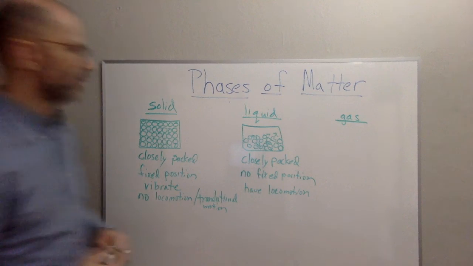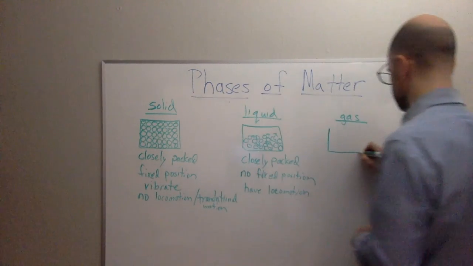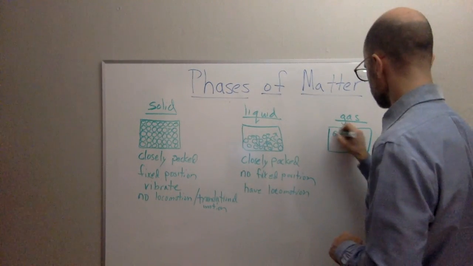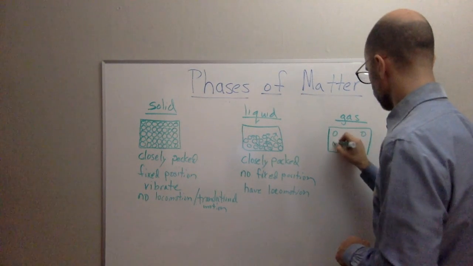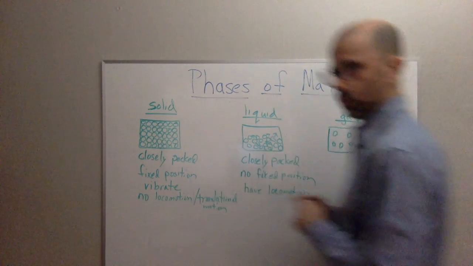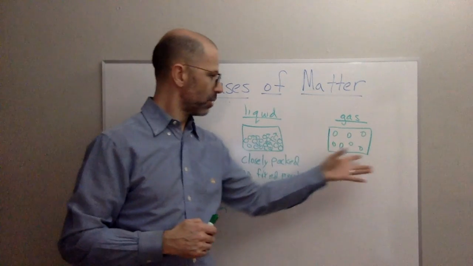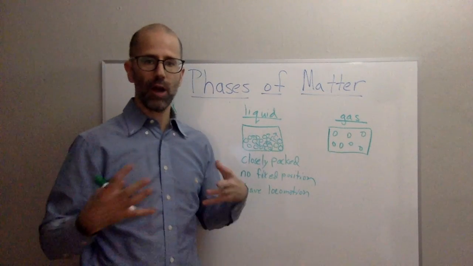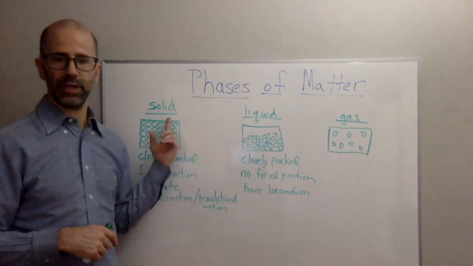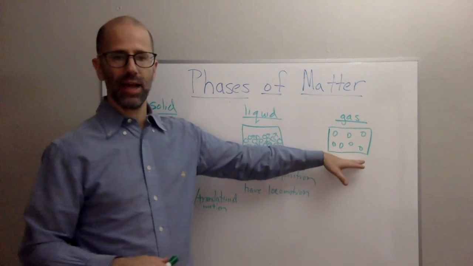Okay, now what about gases? Gases, if I draw a picture of a gas, here you can see that the gas particles are very far apart relative to liquid and solid. So here there's a lot of space.